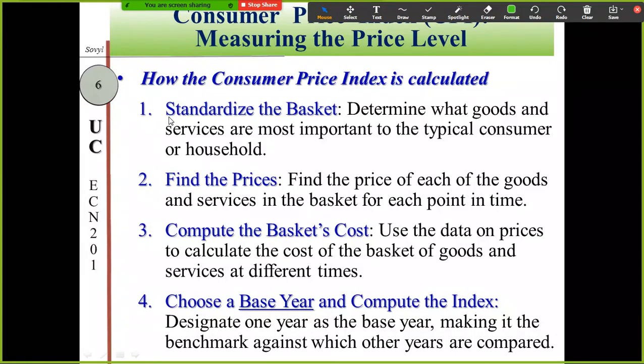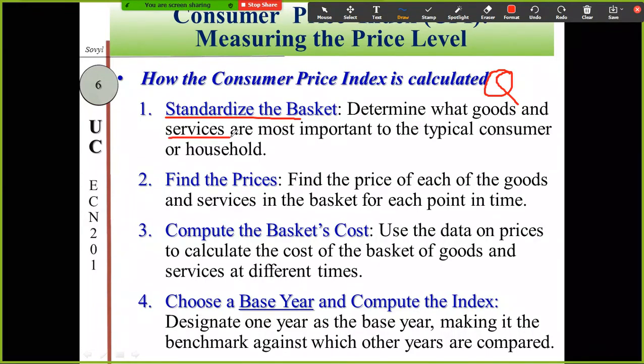So, to calculate CPI, we have one method that has 4 steps. To summarize, step 1: you need to standardize the basket. It means you need to set what goods and services to put in your basket.